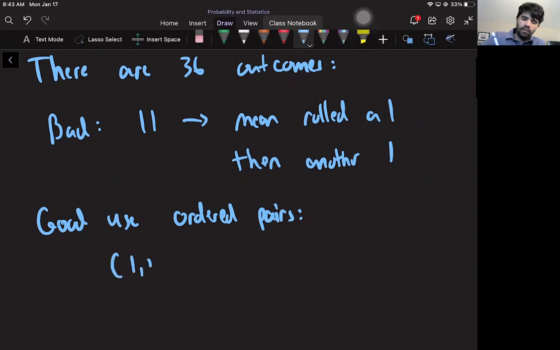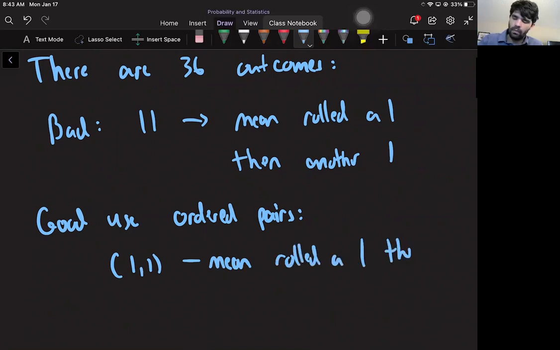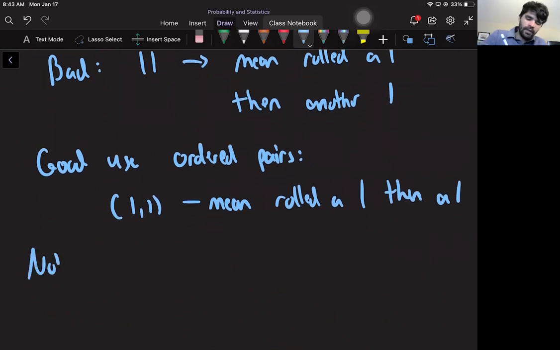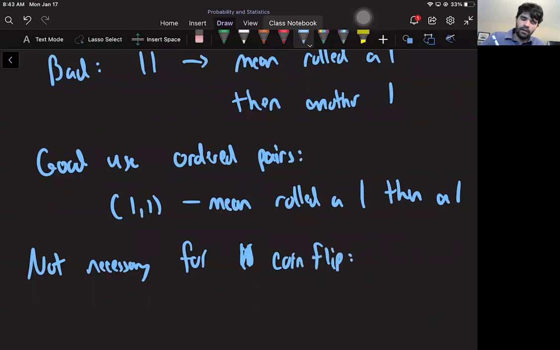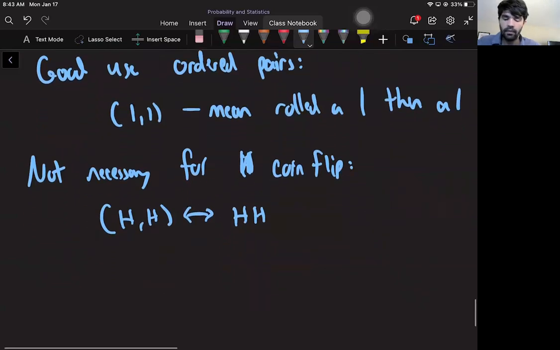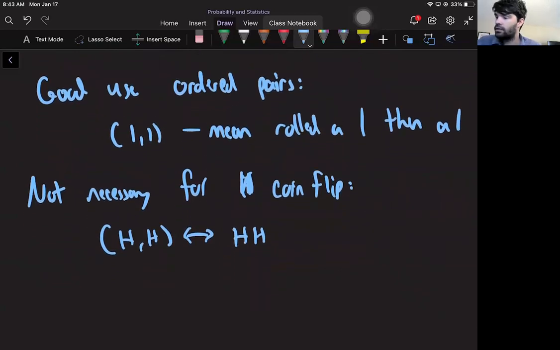So I'm going to say (1, 1) instead. This will mean that we rolled a 1, then a 1. So I could have done this for heads and tails, but it wasn't really necessary because it's already clear if you just write HH what's going on instead of H comma H in parentheses. But it is necessary for numbers because otherwise it's going to look really weird.